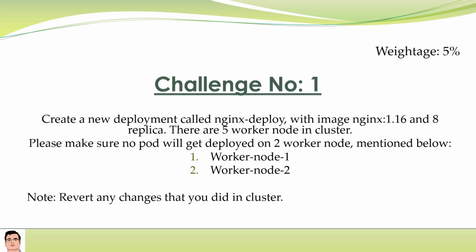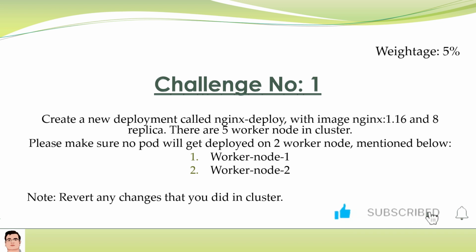This is the scenario, but there are 5 worker nodes in the cluster. So there is a 5 worker node cluster in the Kubernetes environment where you have to do a deployment with nginx deploy, and the image you have to use is the 1.16 tag of nginx.